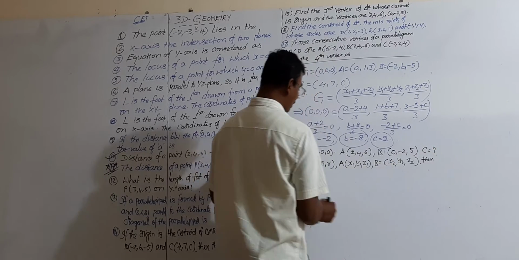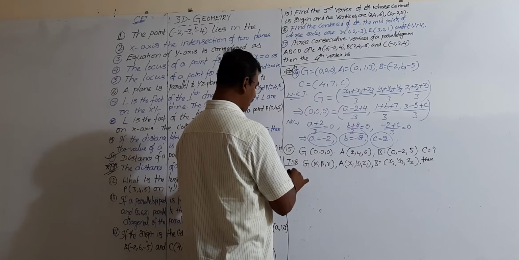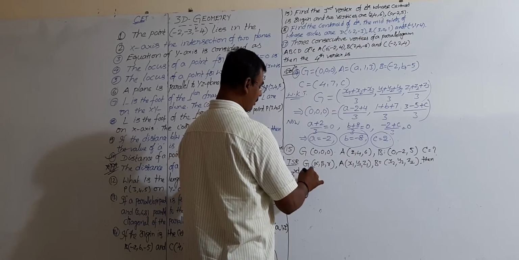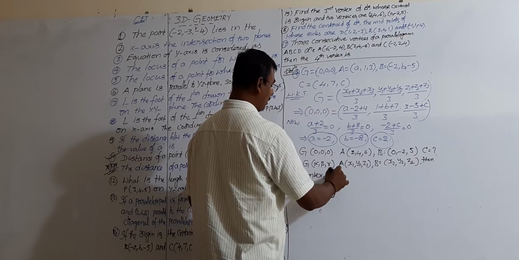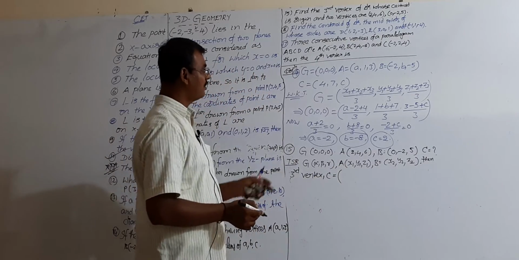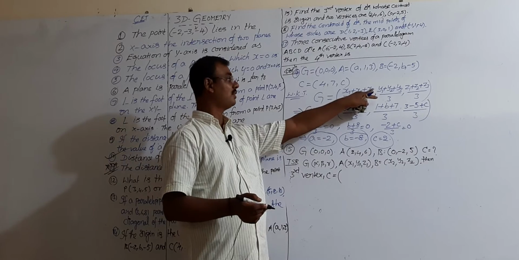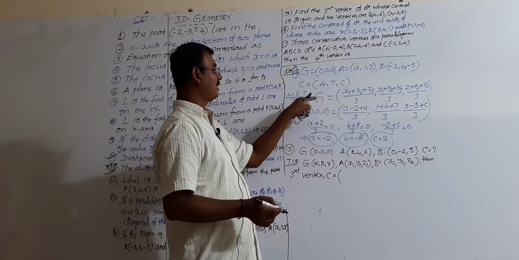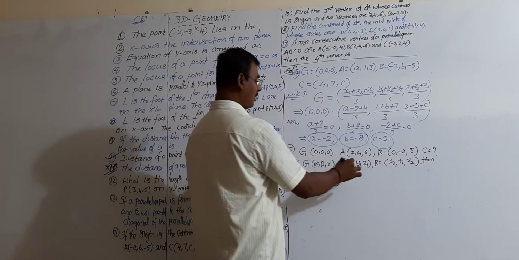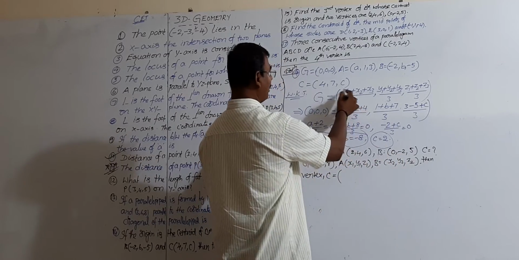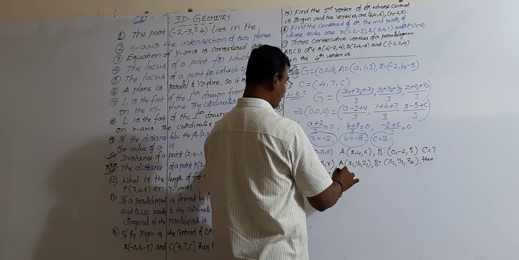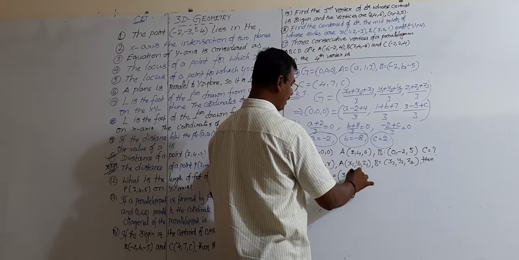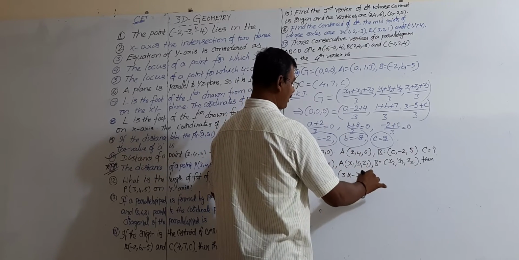Then, remember this formula for the third vertex C. From the same method we derived x3 is equal to 3 alpha minus x1 minus x2.